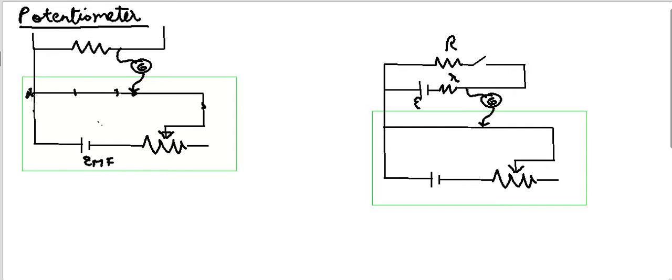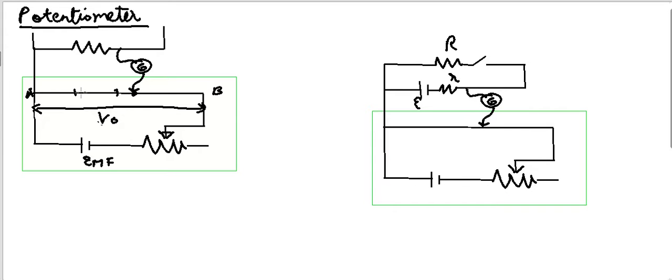Let us assume that across the whole long wire from A to B, the total potential drop is V naught. If across the full wire it is V naught, then across any small portion, say L by 2 or L by 4, the potential drop will be proportional to the length of the wire.